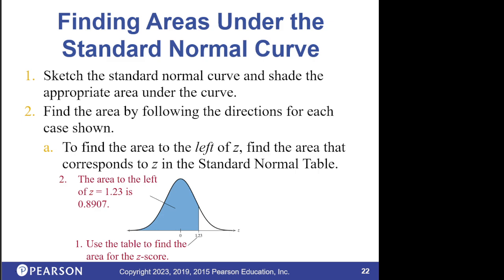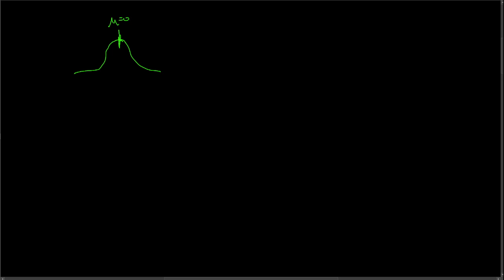So what we normally do is we start by drawing our normal distribution. My little Pac-Man ghost, where here is the mean, which is going to equal 0. So positive z-scores lie to the right of that.